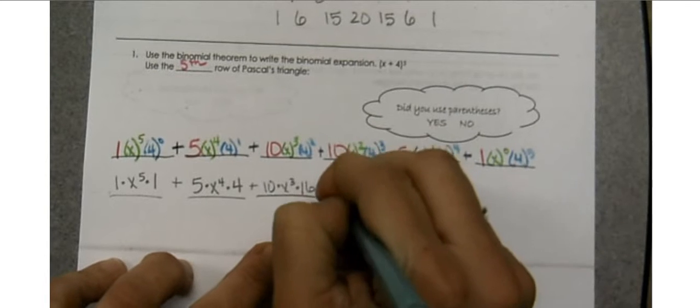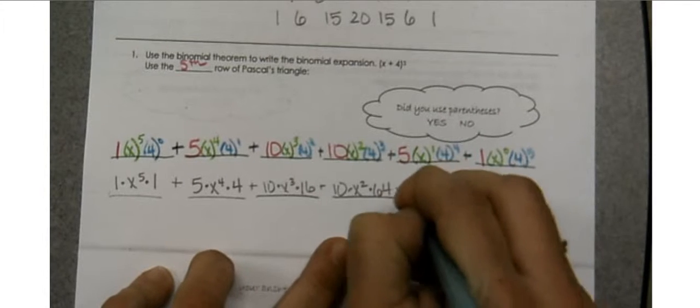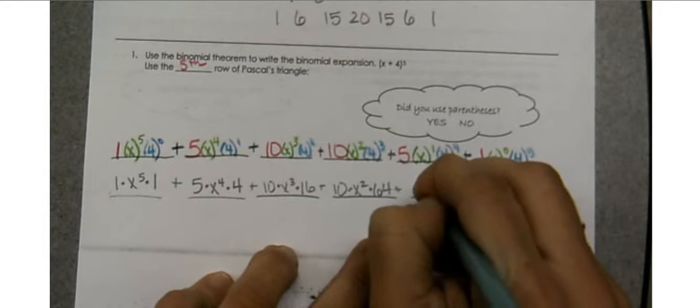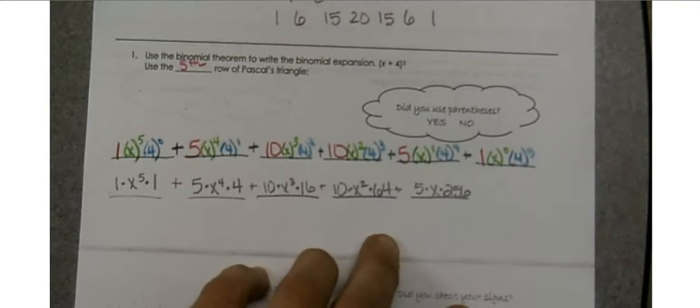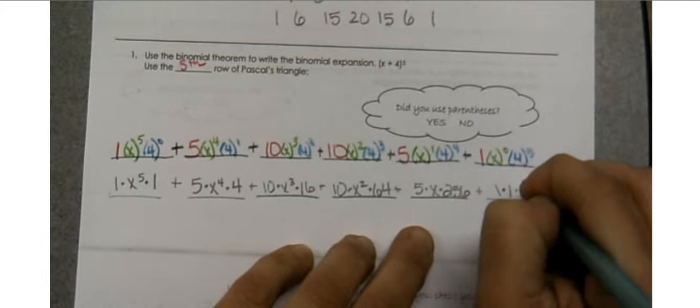Notice getting rid of the parentheses, evaluating anything that's in the parentheses. And I'm just putting little multiplication symbols between them, for us to remember that everything that we multiply is going to stick together.